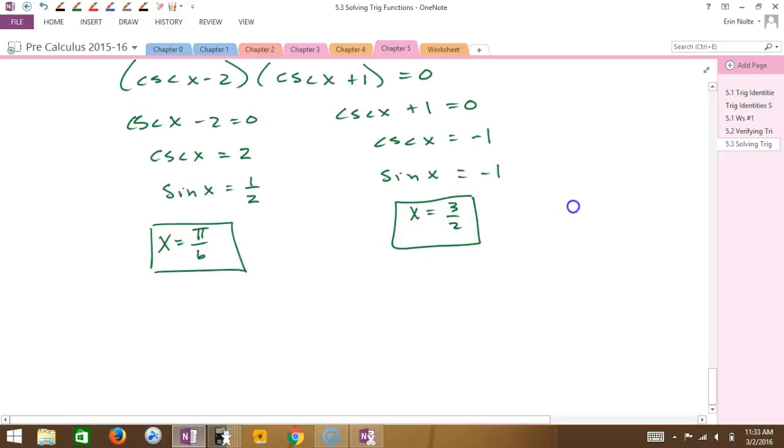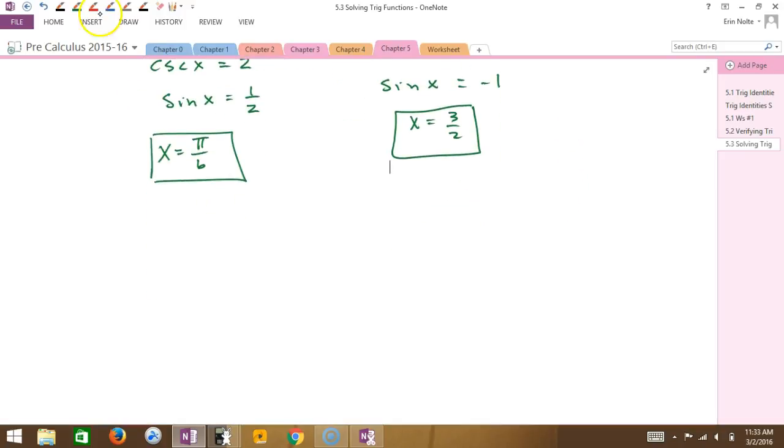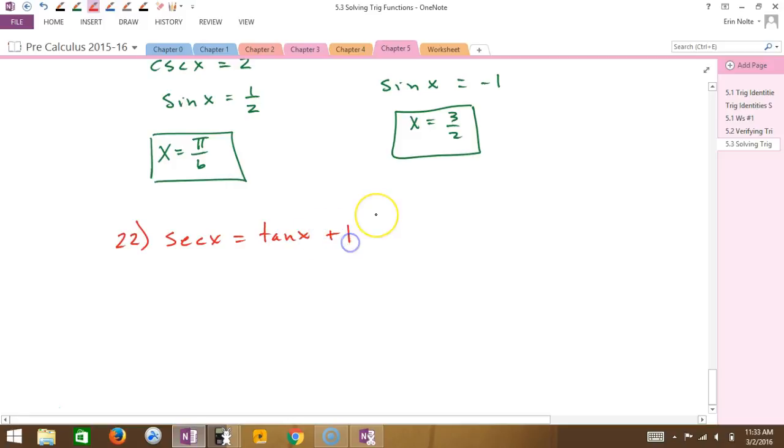Let's skip to 22. This one also has the same directions about only between 0 and 2 pi, so remember that, because I'll probably forget. The secant of x is equal to the tangent plus 1.